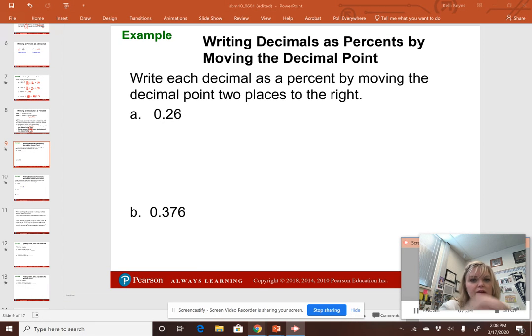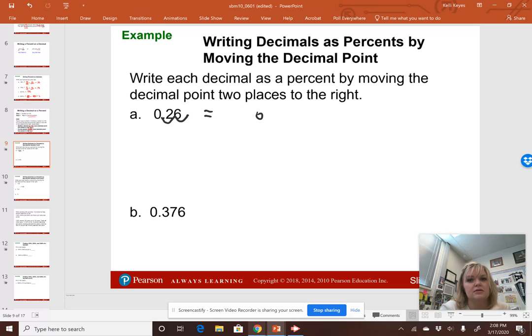So we're going to go from writing a decimal as a percent. Now we multiply by 100, or move the decimal 2 places to the right. If we go 2 places to the right, then 0.26 as a percent is 26%.